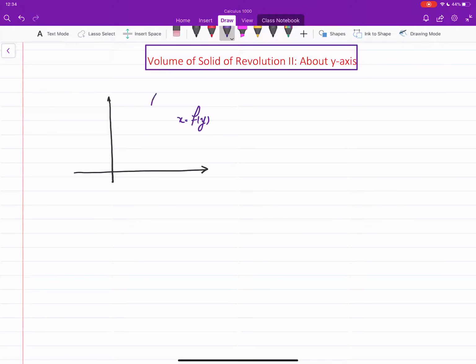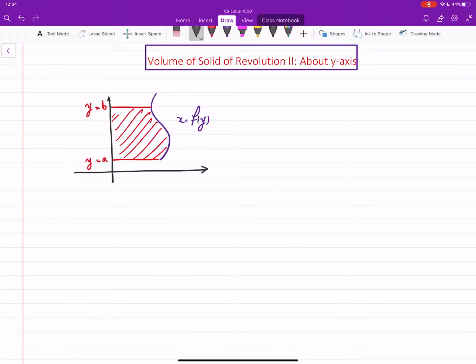So something like this. And we consider the region between this curve on the interval [a, b] and the y-axis. So this region.